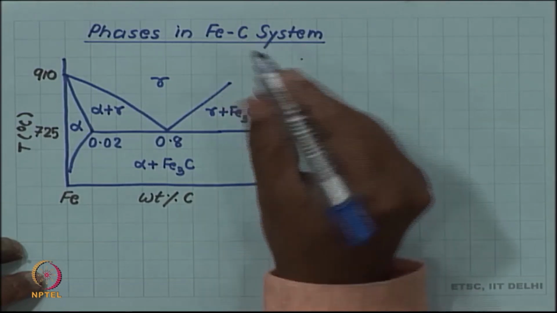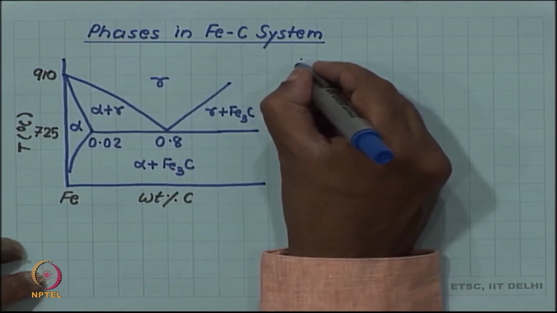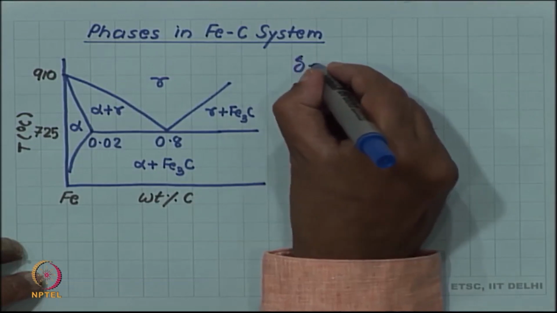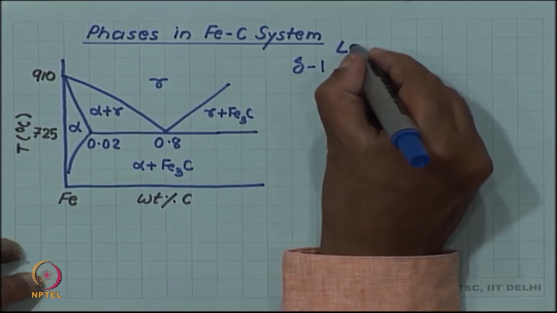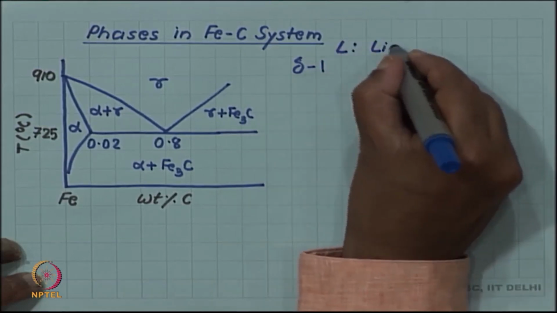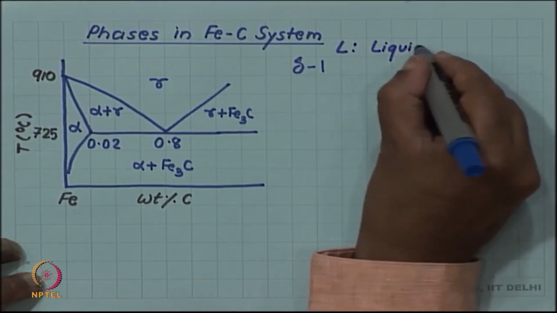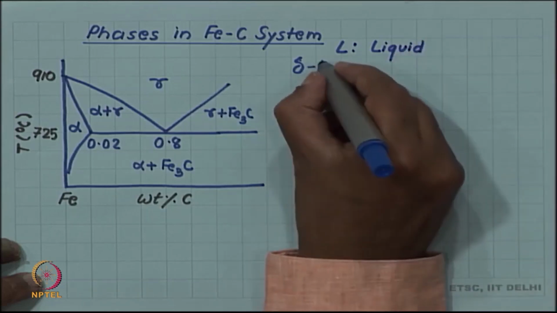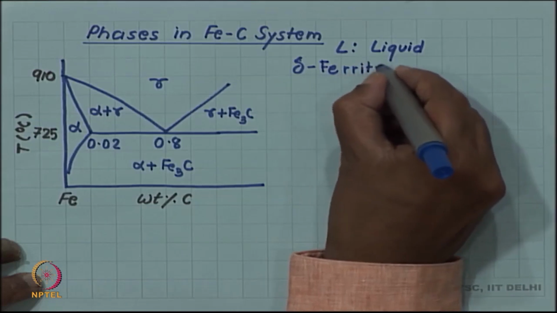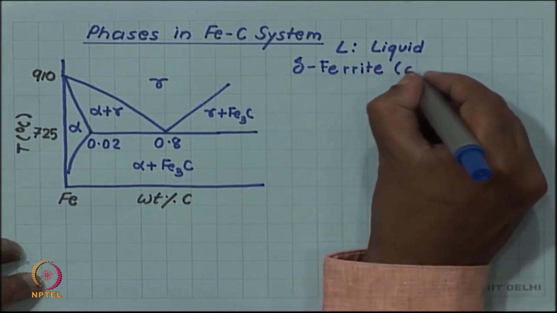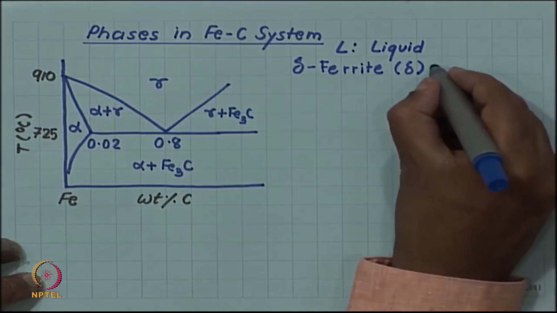So you have, at the highest temperature not shown here, delta ferrite. Of course, before that you also have liquid, and then you have delta ferrite, the symbol is delta.